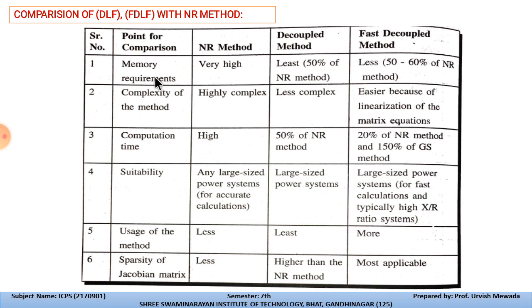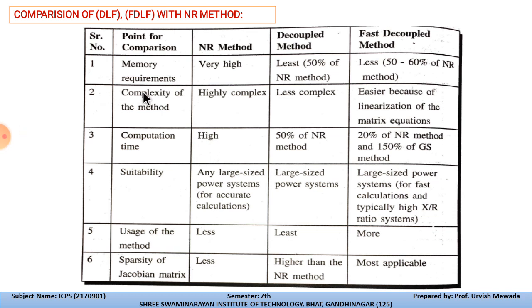In the NR method it is very high because it has more iterations, and in the decoupled method at least 50% less memory is required compared to the NR method. In the FDLF method, it is 50 to 60% less than the NR method. So you can see that in both systems the memory required is less compared to the NR method.